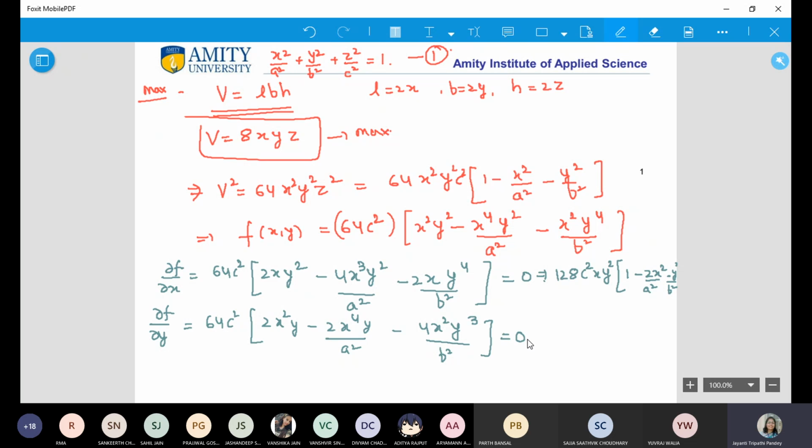This side. And when you equate this here, you will get 128 c square x square y, 1 minus, here you will get x square upon a square minus 2y square upon b square. Is this fine? Are you able to comprehend?